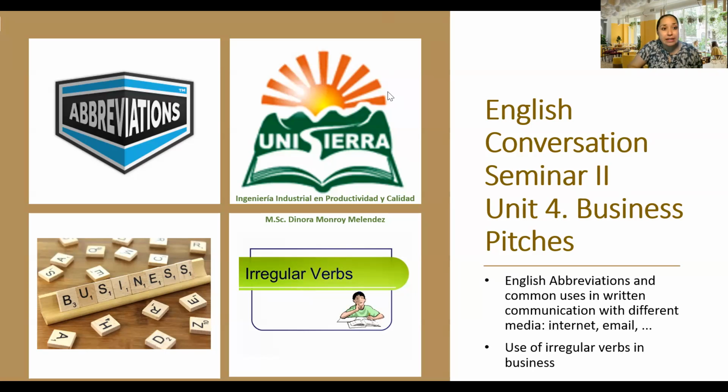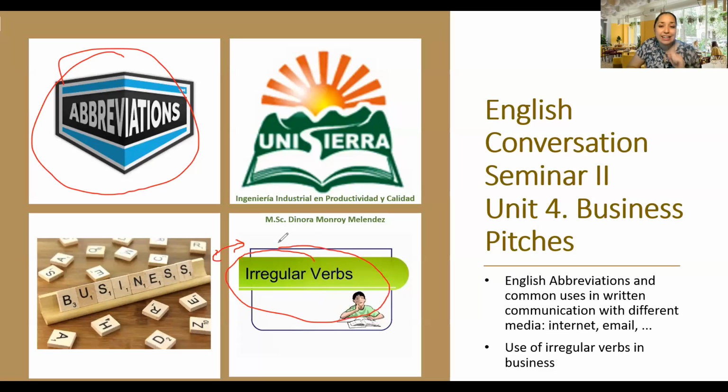So yeah, mainly we're gonna talk about abbreviations. And of course, we have to go back to business, and for that topic, we're gonna go and visit again irregular verbs. And before we started the class, there was a question, are we gonna have a simple homework? And I was saying, yeah, something like you used to do in an English class.